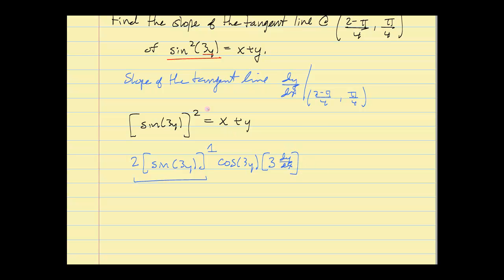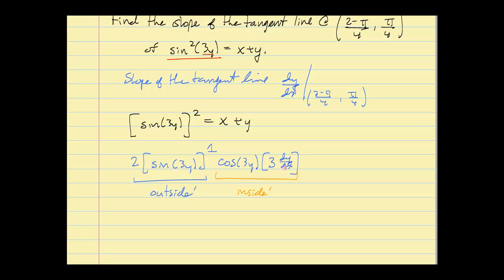So let's go ahead and look at this one more time. You bring the 2 down, decrease the exponent by 1. That's the derivative of the outside. Now this piece right here is the derivative of the inside, but within the inside I have another outside and inside. The derivative of the sine of u is cosine u times u prime.